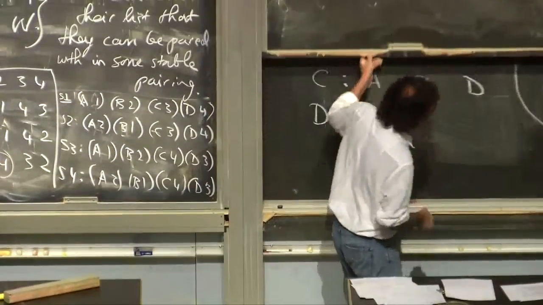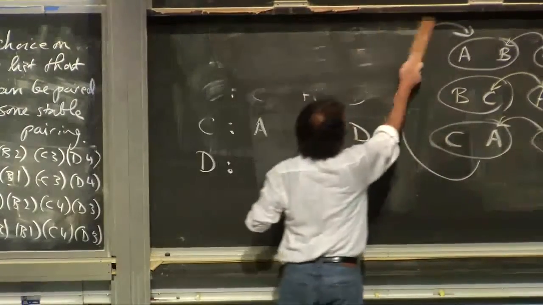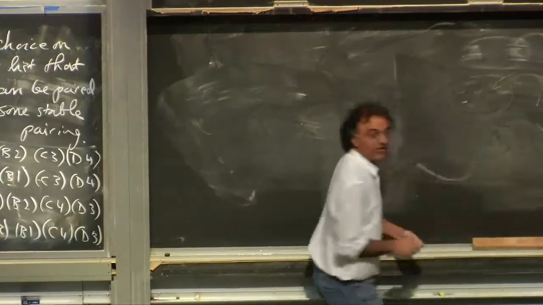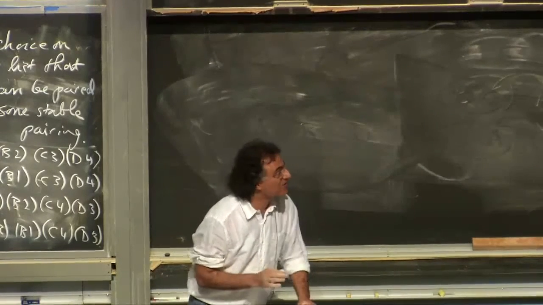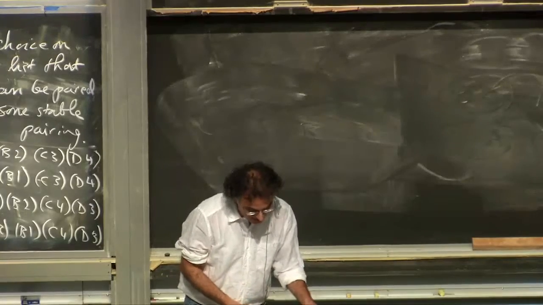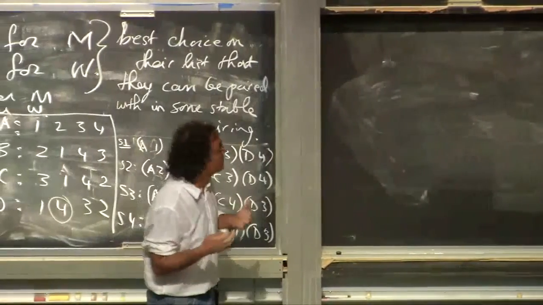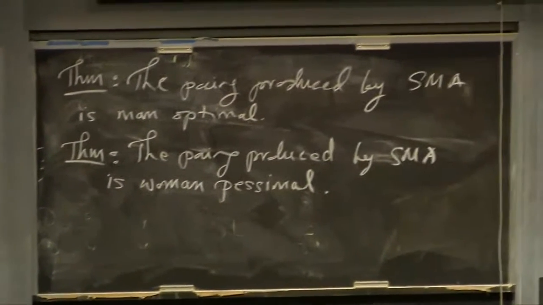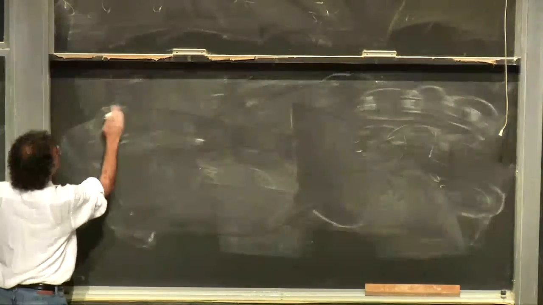Now, let me try to quickly sketch for you why it's male optimal. Okay? And I don't know if I'll succeed because we have only 3 minutes, but let's try our best. Okay, so let's, again, by contradiction. So we are proving the top theorem there. It's male optimal. It's man optimal. So suppose it's not.